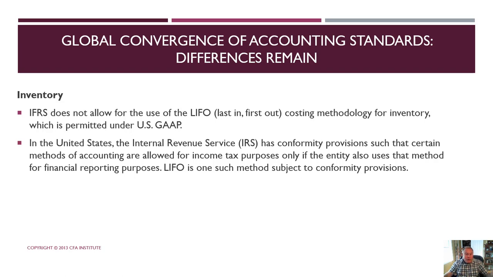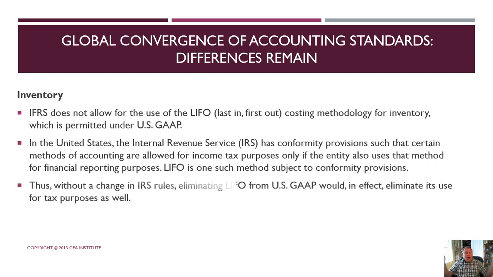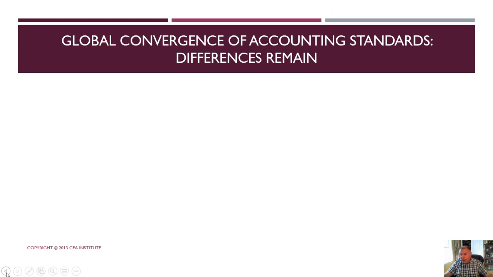So without the change in the IRS rules, eliminating LIFO from US GAAP would in effect eliminate its use for tax purposes as well, which doesn't work. So we could have an inventory issue as to what is being pushed. And again, if you have a decline in costs, the reverse would happen.